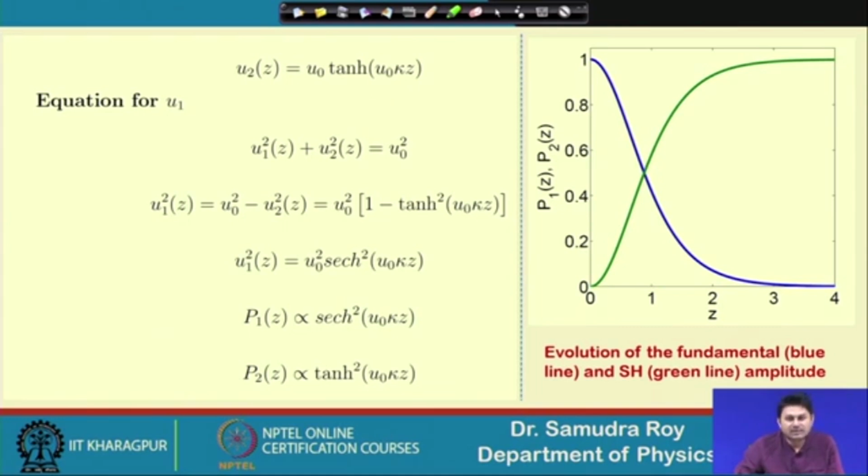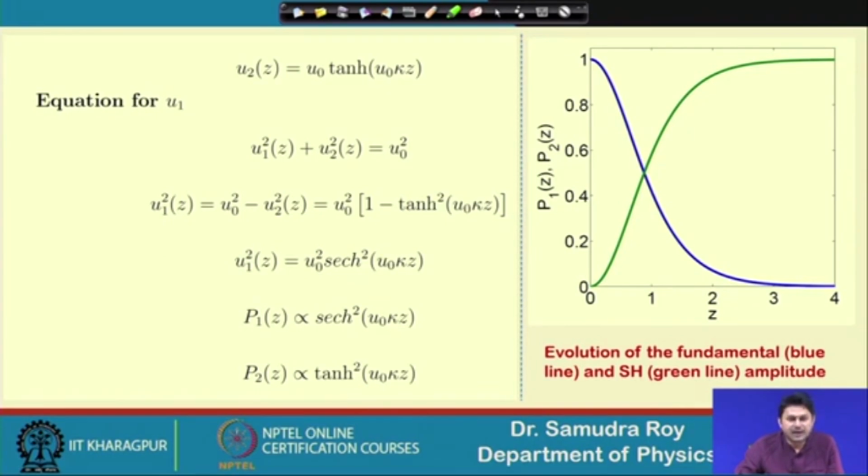Obviously, that was not the correct calculation, because in that calculation we made an approximation, and this approximation was that the fundamental wave is constant. So it is not going to change, but the fundamental wave is constant and still I am getting some kind of energy from the fundamental wave. This is the situation that can happen when the efficiency of transfer of energy from the fundamental wave to the second harmonic is small.